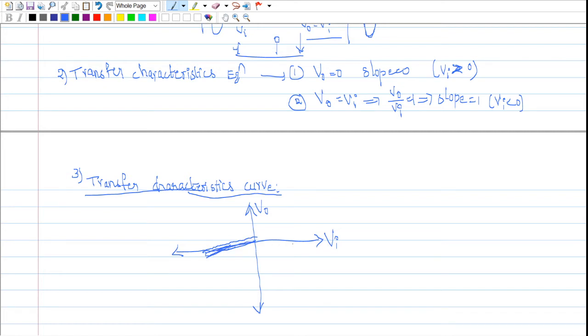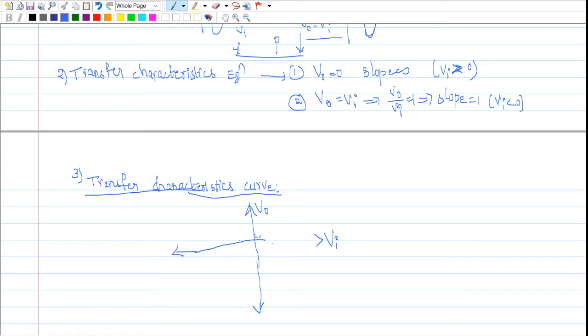Sorry, not Vi less than 0, but Vi greater than 0. Vi greater than 0 has slope 0. For greater than 0 voltages, the slope is 0. So this part is the clipped part.